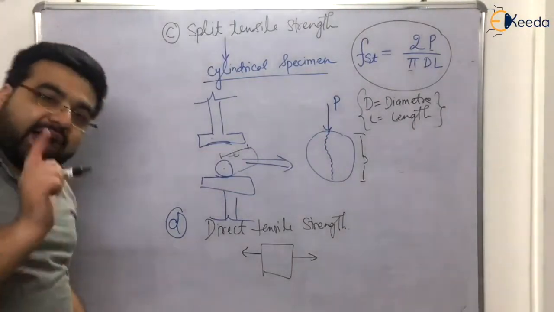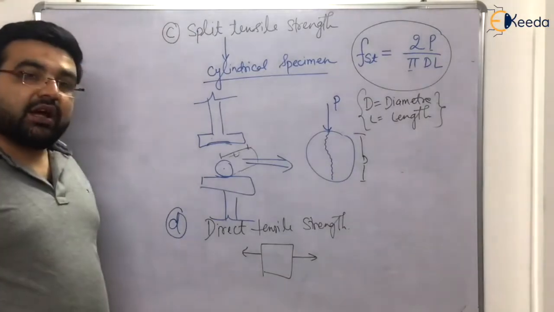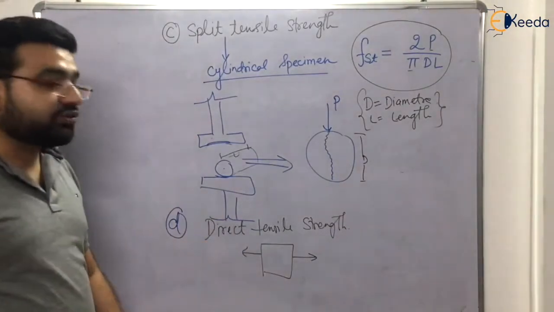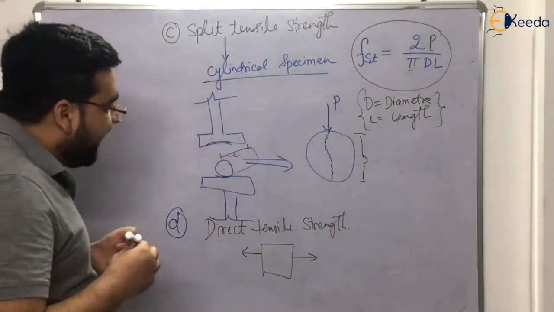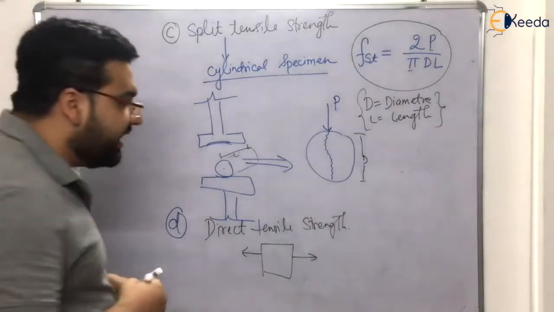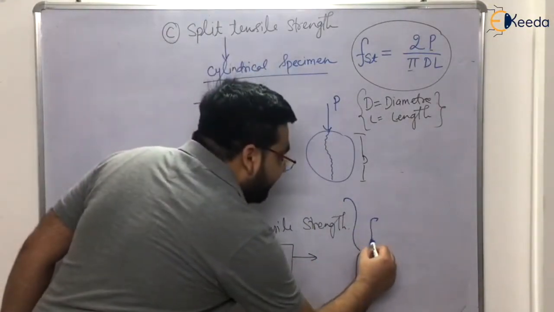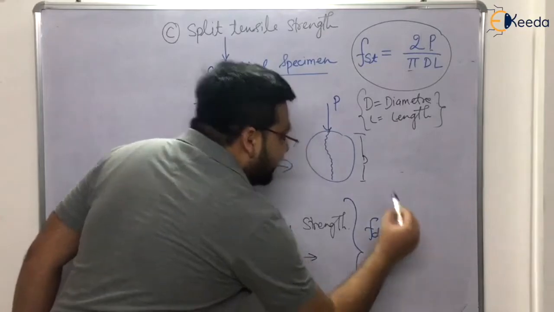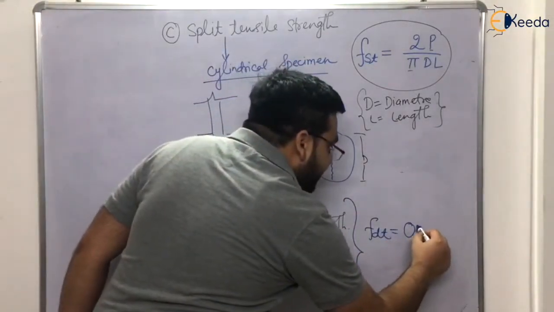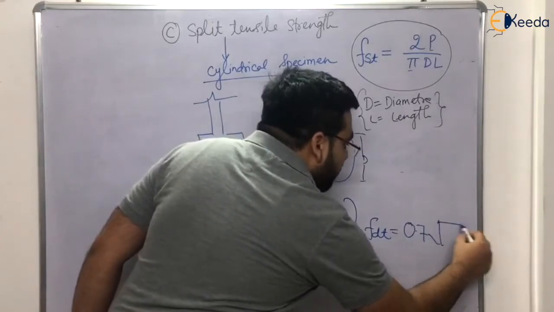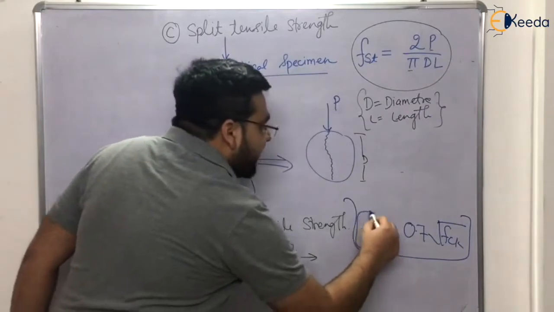But IS 456-2000 has given us a formula for direct tensile strength, and that is very important. Now the formula given by IS 456 for direct tensile, let me denote the direct tensile strength by FDT. DT means direct tensile strength. It is equal to 0.7 root FCK, where FCK is the characteristic strength.